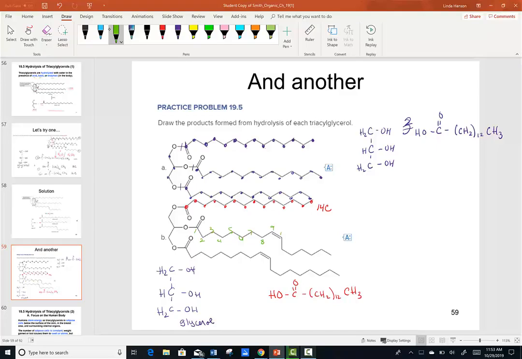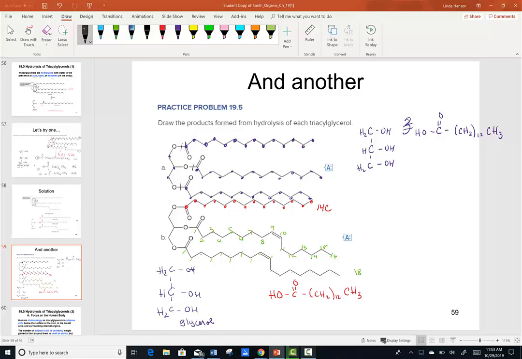Then carbon 9 and 10 have a double bond. 11, 12, 13, 14, 15, 16. Is this the same? 1, 2, 3, 4, 5, 6, 7, 8. Double bond, 9, 10, 11, 12, 13, 14, 15, 16, 17, 18. Nope, it's not the same. So that just means we have to add on to finish the product side.